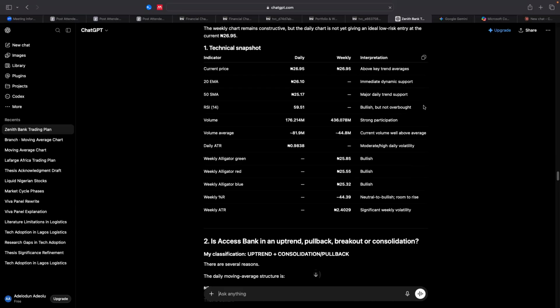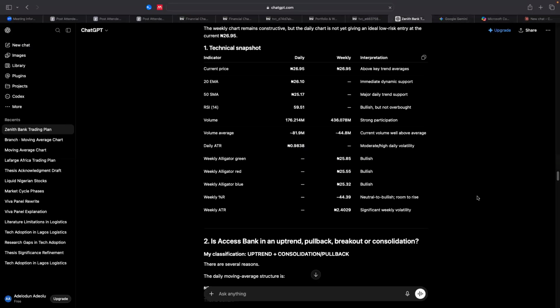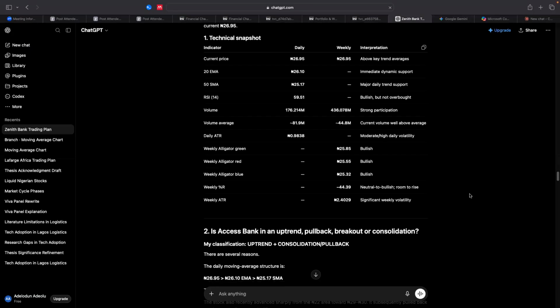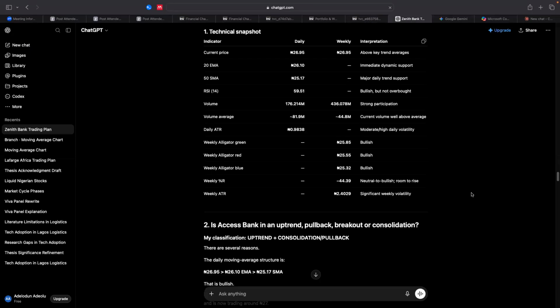It says after a rapid surge toward 30 to 32, price pulled back to retest dynamic support near the 20 EMA and has resumed upward momentum. Then the RSI sits at 59.51, indicating strong bullish momentum above the neutral 50 line without being overbought.